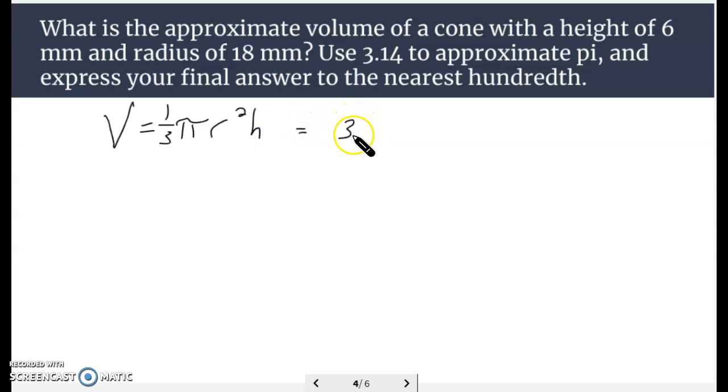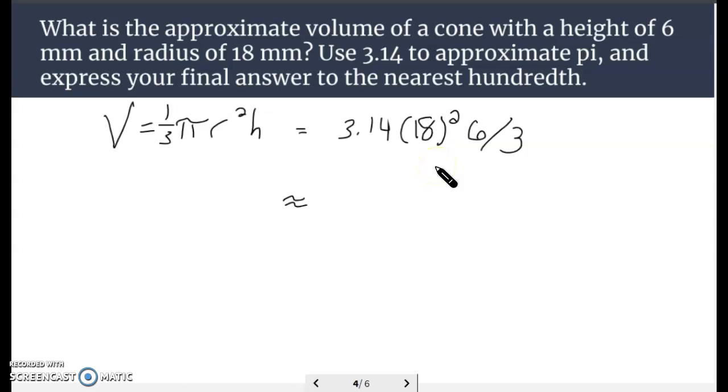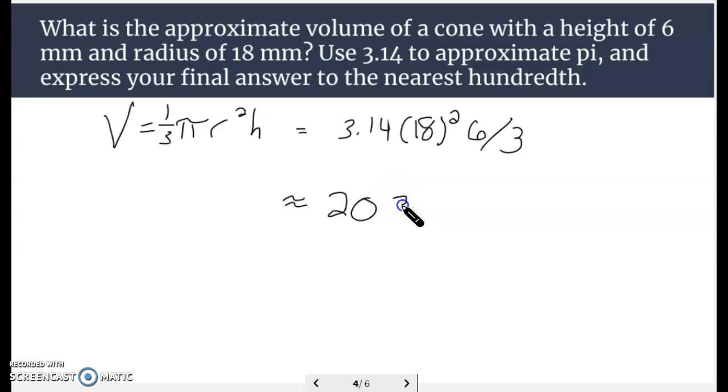Let's do this. 3.14, radius 18 squared times the height, which is 6, and then it's all going to be divided by 3. Alright, we're going to plug that in a calculator. 3.14 times 18 times 18 times 6 divided by 3. 2,034.72 cubic millimeters.